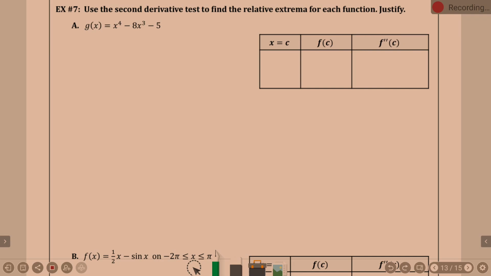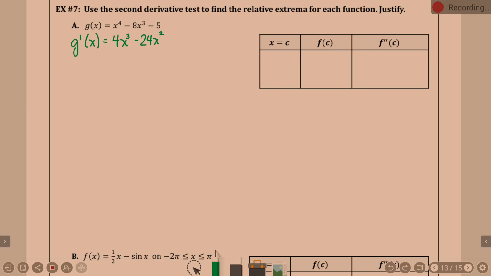We'll see. Use the second derivative test to find the relative extrema for each function and justify. Now, in order to do this, we first of all have to find our first derivative and find the critical points there. So, first derivative: 4x cubed minus 24x squared.